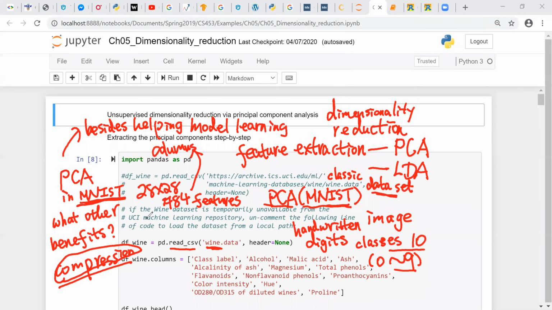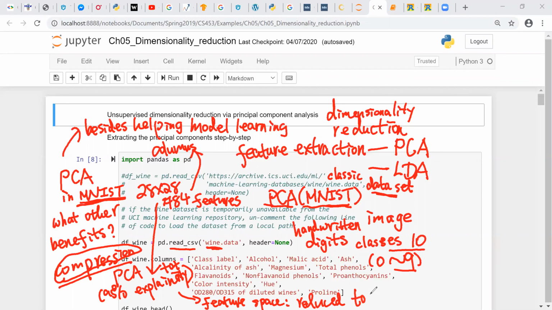And then in our example, we said if we apply PCA with 95% of total explanatory variance, you can reduce the feature space to 154.